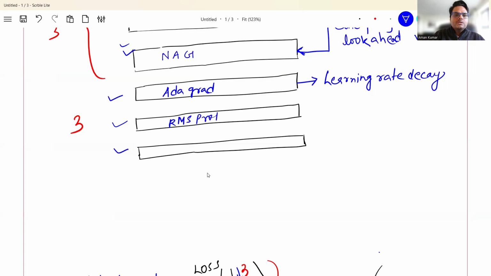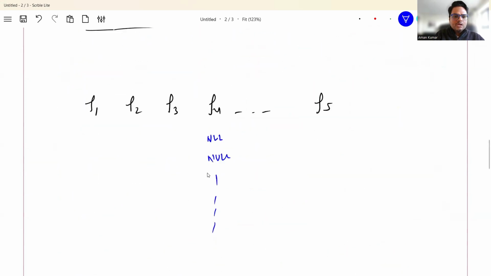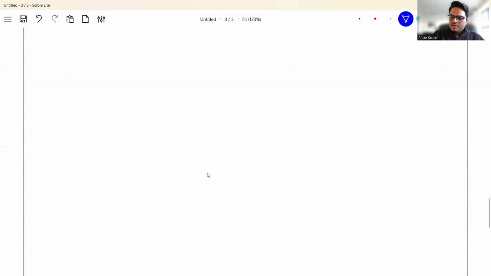This is only slightly different from Adagrad. Let me give you the formula first. It's basically very minor changes compared to Adagrad. I'll just write the formula and make you understand. So this stands for RMSprop, root mean square prop.